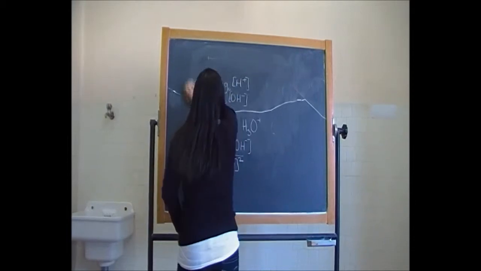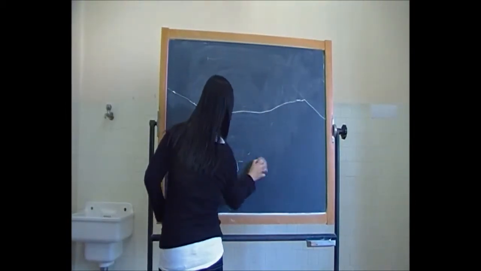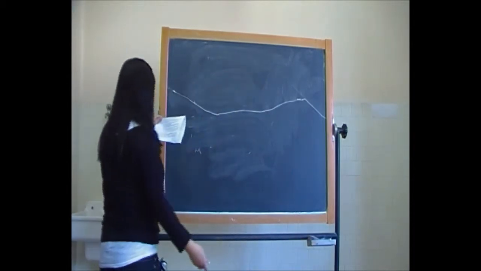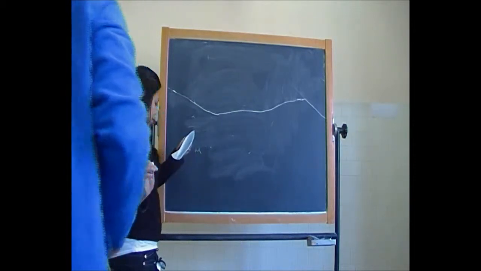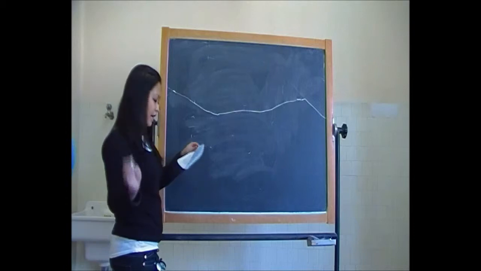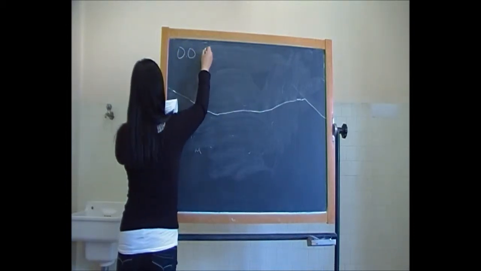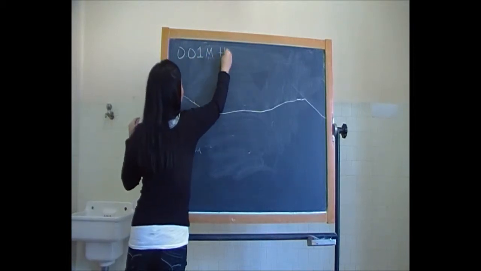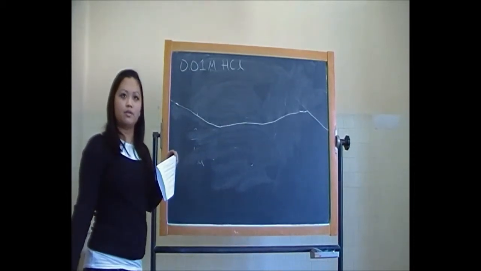We have a 0.01 molar solution of hydrochloric acid, and we need to calculate the pH. So 0.01 moles of hydrochloric acid in water.